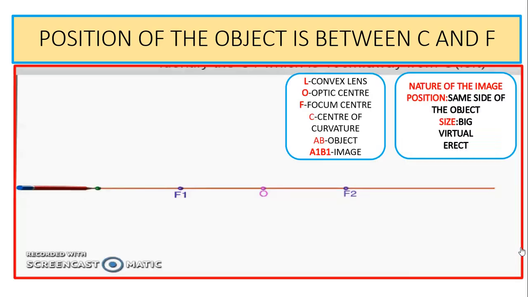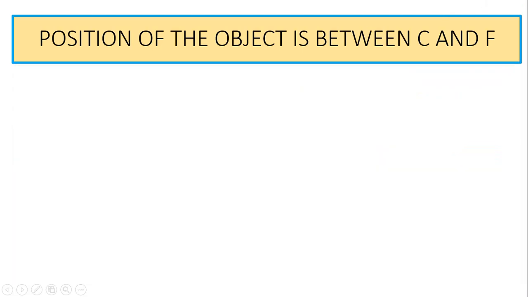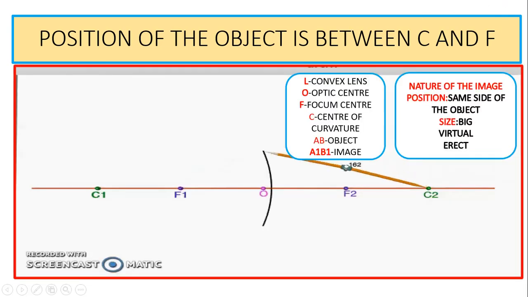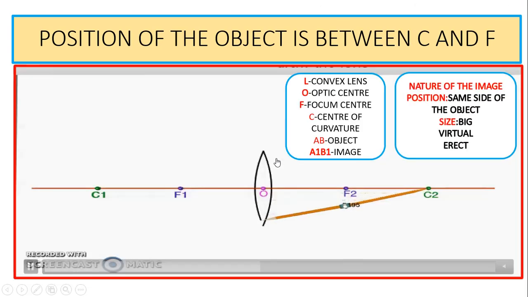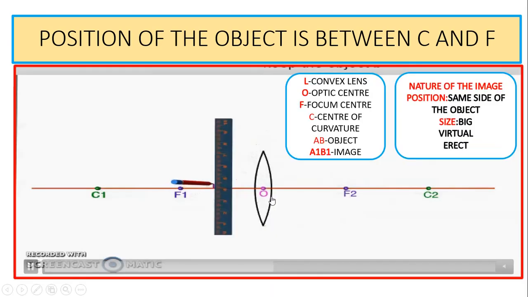Same as before, F1, F2 at 4 centimeter distance, and C1, C2 at 8 centimeter distance. Now keep the object between O and F here. So draw like this, convex lens. Then keep the object here between F and O.